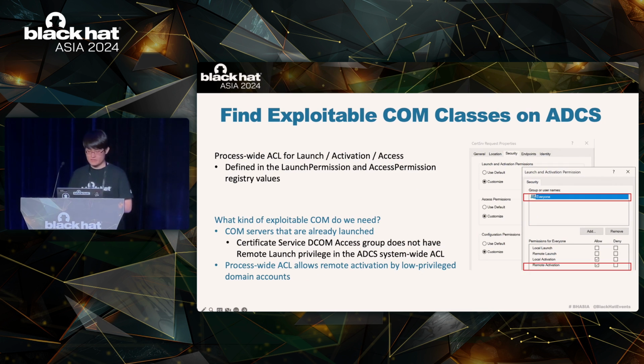The process-wide ACL defines who can launch, activate, and access a COM object remotely. For an exploitable COM class, the process-wide ACL needs to allow remote activation by low-privileged domain accounts. And the COM server must already be launched on ADCS, because the Certificate Service DCOM Access group doesn't have remote launch privilege on ADCS.